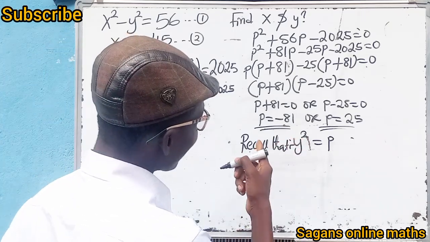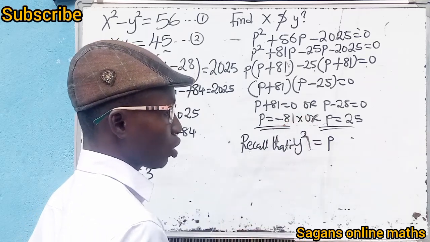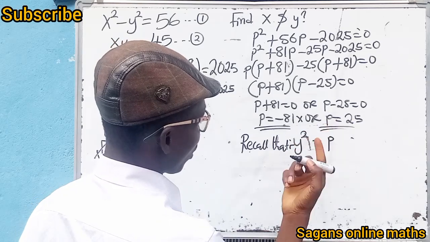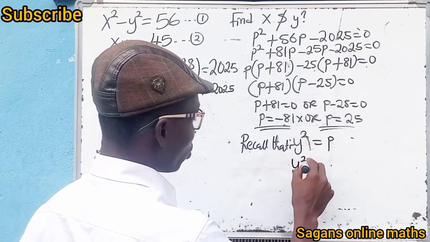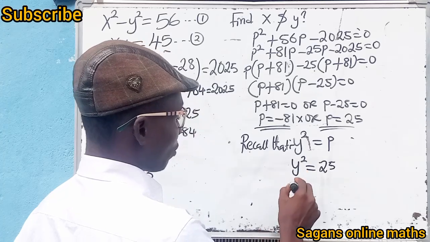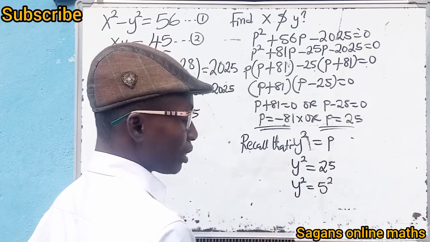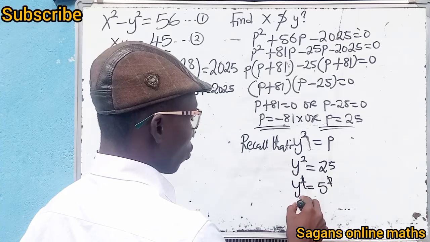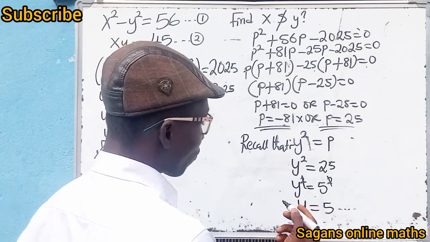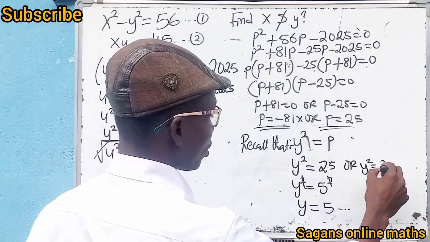Now when p is equal to 81, it will not satisfy this equation, giving us imaginary units. But when p is equal to 25 it can go. So that means y to the power of 2 is equal to 25. Or from here you can say y square is equal to 25.